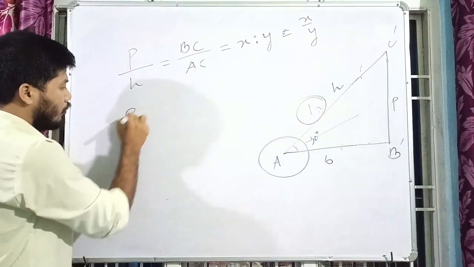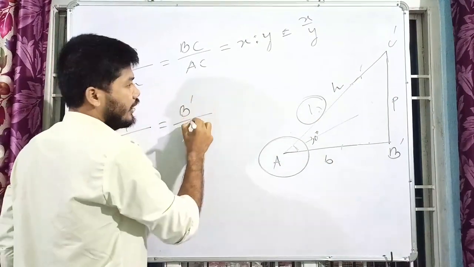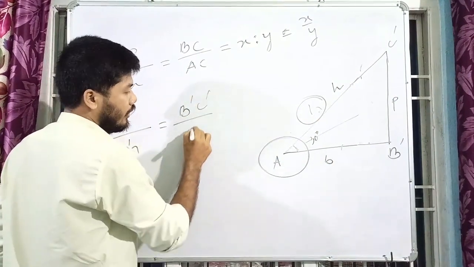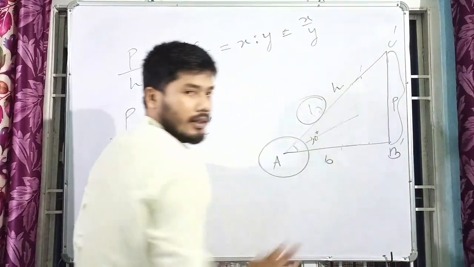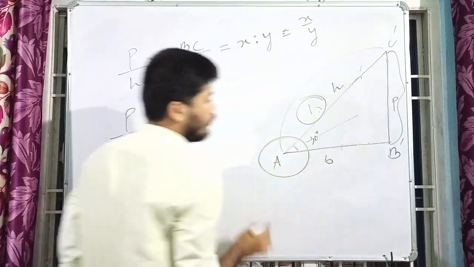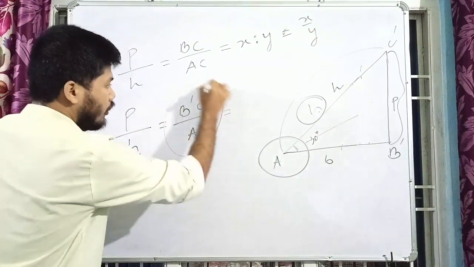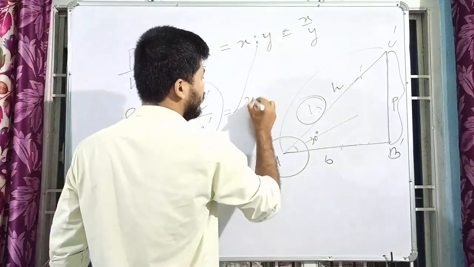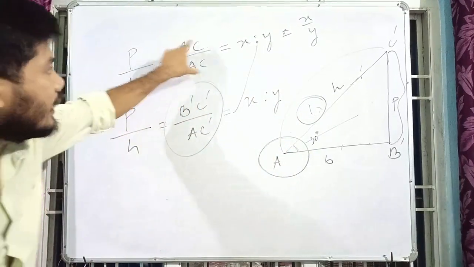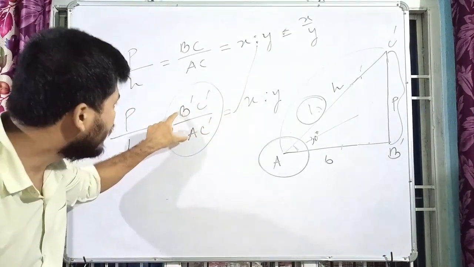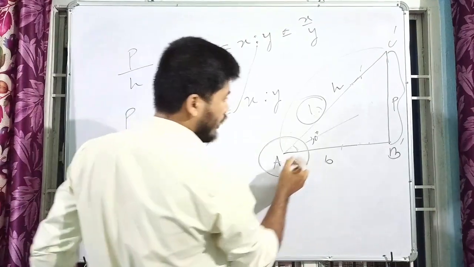The ratio B dash C dash by A dash C dash is exactly equal to x is to y.